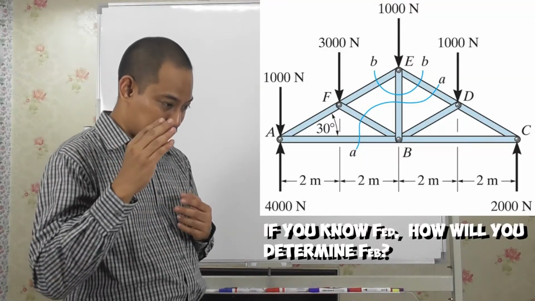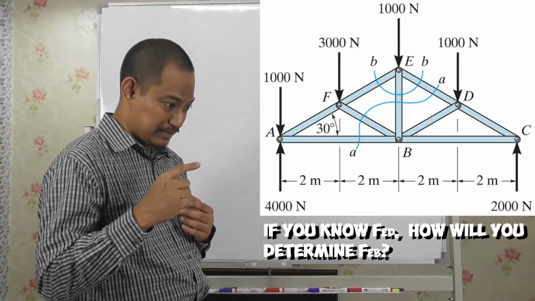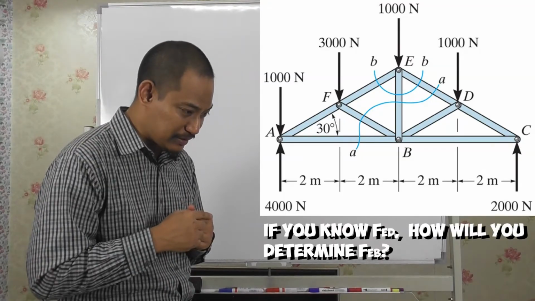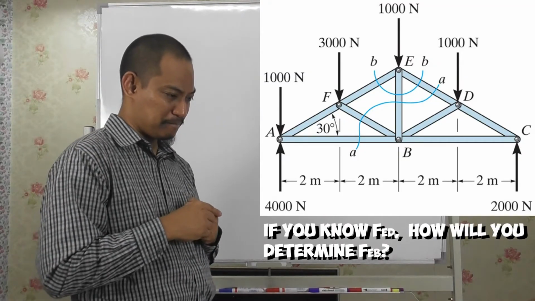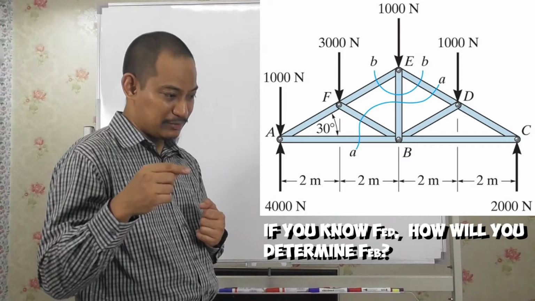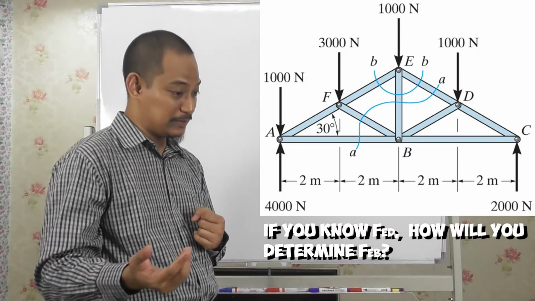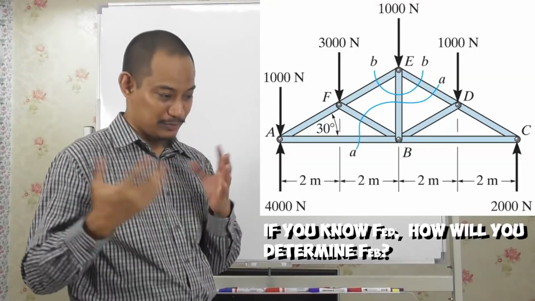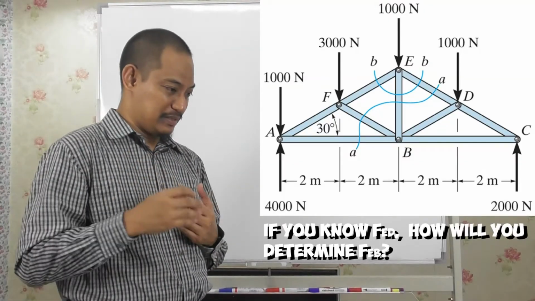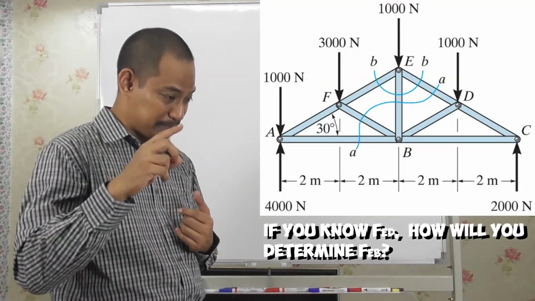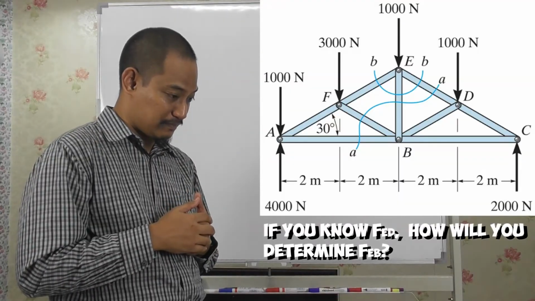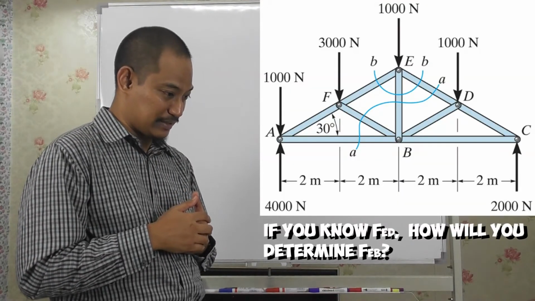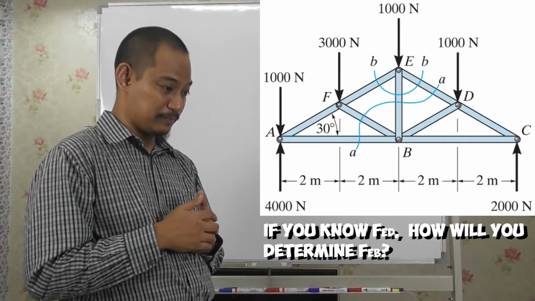By taking section BB and using moment about point E. If you take moment about point E, you cannot solve for EB, obviously, so that's wrong, because FEB goes to point E, so you cannot calculate there. B, by taking section BB and using summation of Fx and summation of Fy equal to 0.